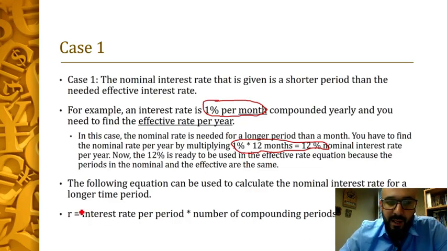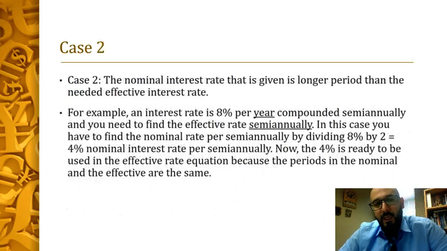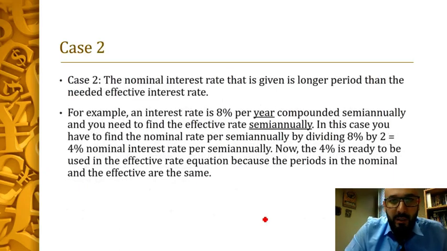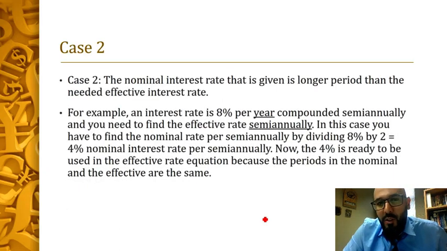Now, in order to find the nominal interest rate, simply multiply the interest rate per period times the number of compounded periods. Here's another case where the nominal interest rate is given with a longer period than the one needed for the effective interest rate.